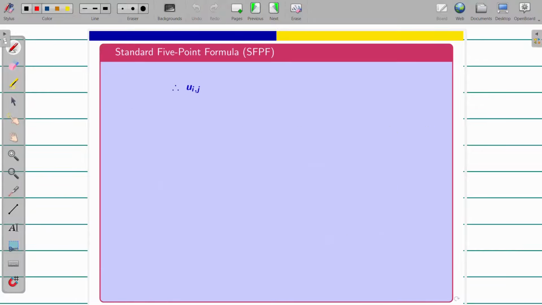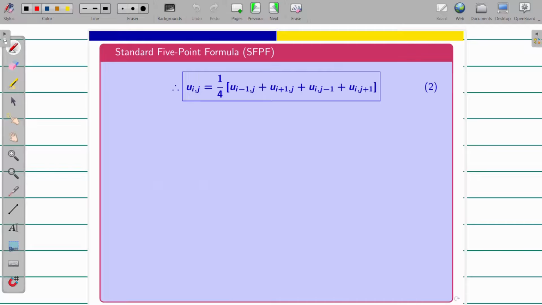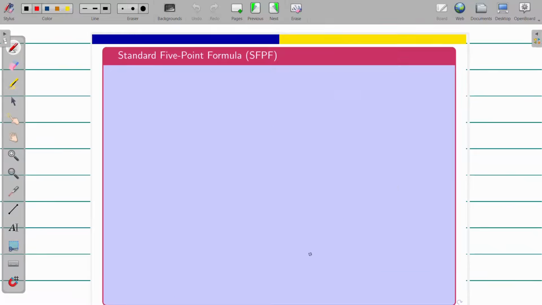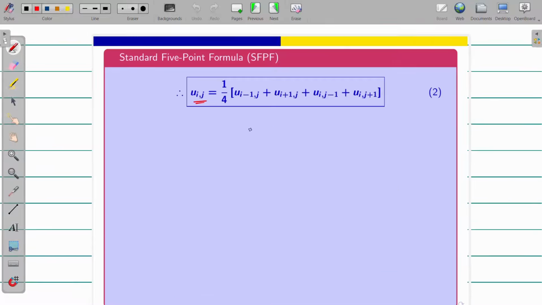If you derive this, we get the standard 5-point formula. It is nothing but u_ij, and I have shown the previous one in the last slide. This 4 we take to the right hand side. So u_ij = 1/4 (u_i-1,j + u_i+1,j + u_i,j-1 + u_i,j+1). For example, these are the 4 points, and this is u_ij. The right hand side one will be i+1,j, the left hand side i-1,j, and similarly the upper part is i,j+1 and i,j-1. It is the average of the 4 points.